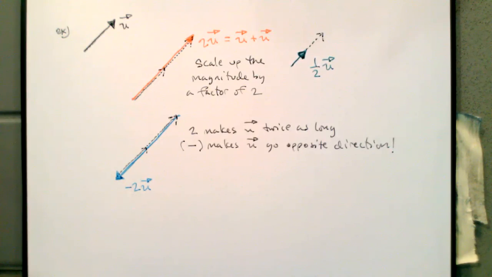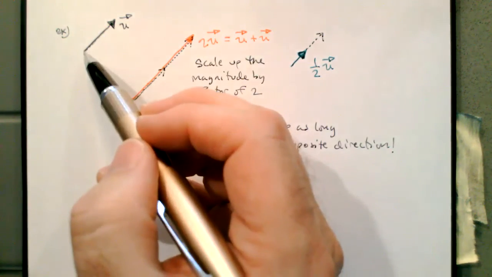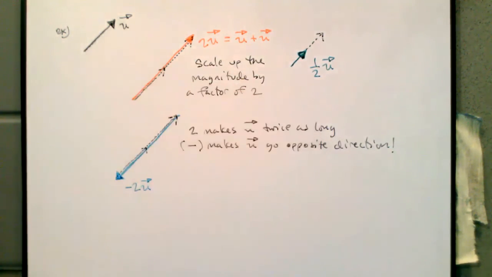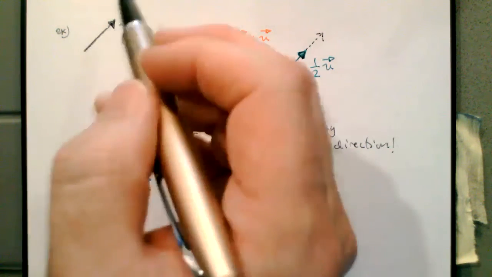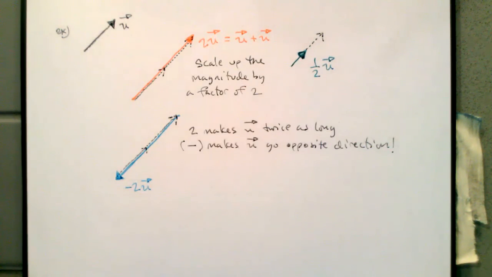Now, right now, notice I was struggling to say, oh, u is kind of going up two diagonals going this way, 45-degree angles, and it's that long. So it's kind of a struggle to describe what that direction is. So here's what we're going to do. We're going to imagine vectors in standard position.